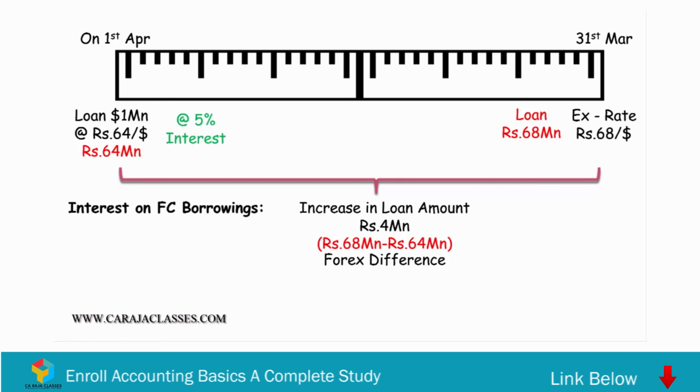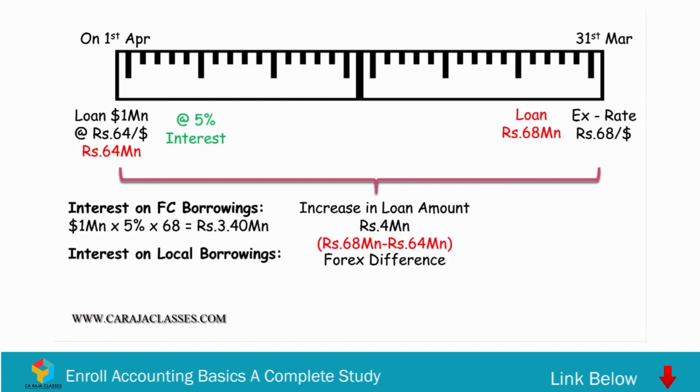What you have borrowed is 1 million, and at the 31st March rate of 68 per dollar, $1 million multiplied by 5% multiplied by 68 gives you 3.4 million. That is the interest you are paying for foreign currency borrowing when expressed in home currency: 3.4 million.